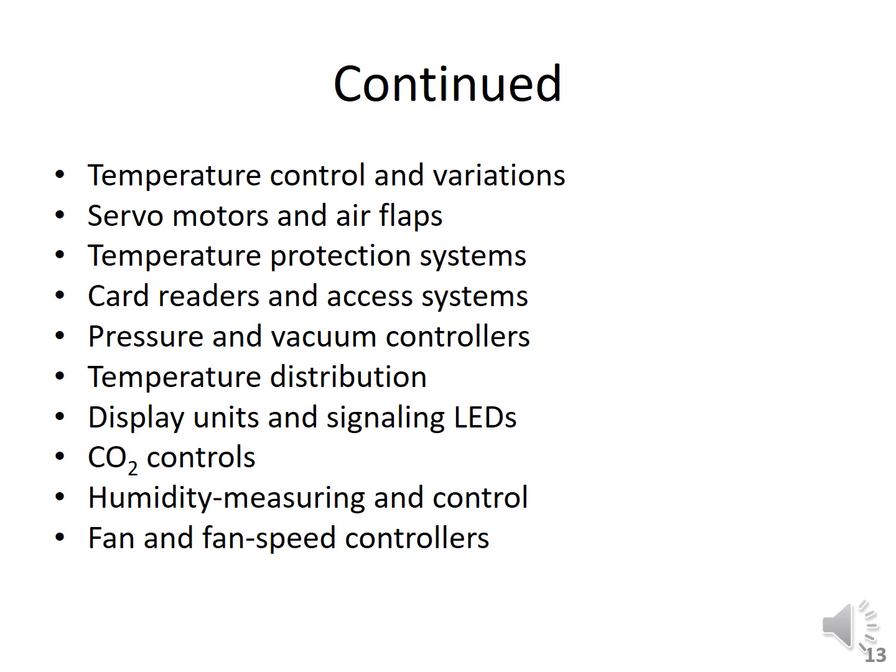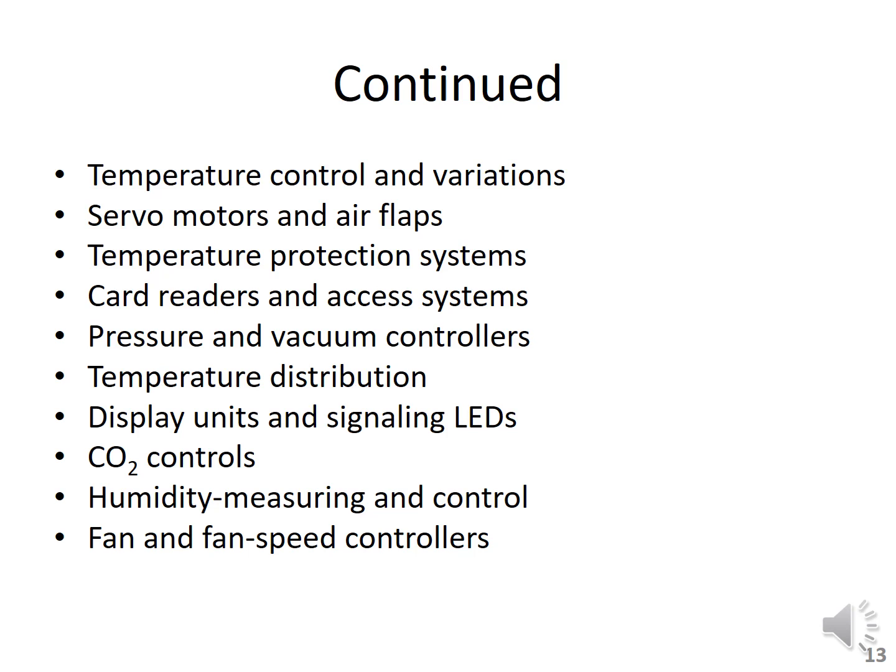These are the relevant helping aids कह लें आप इसको, या machinery कह लें इसको, helping machinery कह लें, with reference to the equipment. Okay, temperature protection systems. This is important. If temperature is varying in wide range, then the temperature protection system is important. Card readers and access systems.